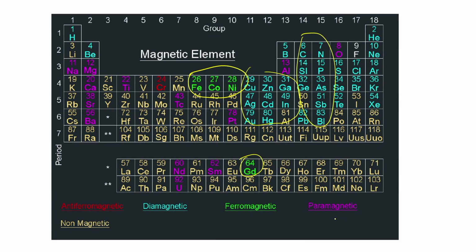These are the pink colors like aluminum that you see here, oxygen, samarium, neodymium, technetium, uranium and so on. They are also paramagnetic, and the rest of them, shown by a dull yellow color, are all non-magnetic materials.